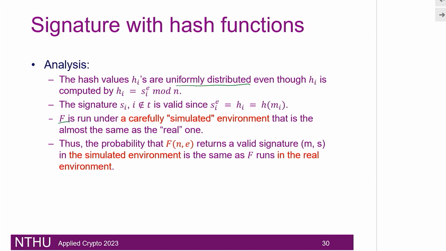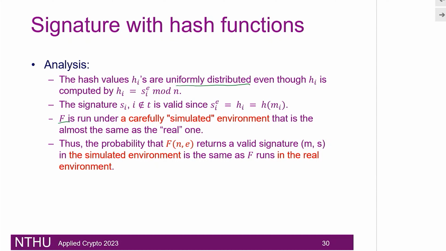With that game, we can prove it is indistinguishable, because we run it many times and count the probabilities, and you will see that the forger cannot tell if he's in a simulated environment playing with algorithm A, or playing with a real signature algorithm with access to d.